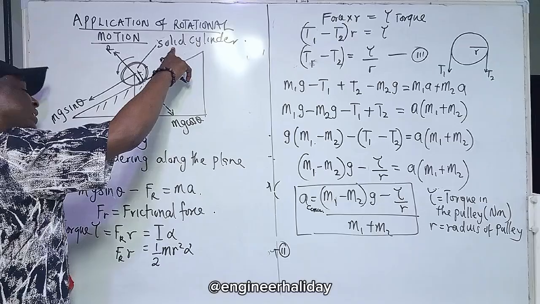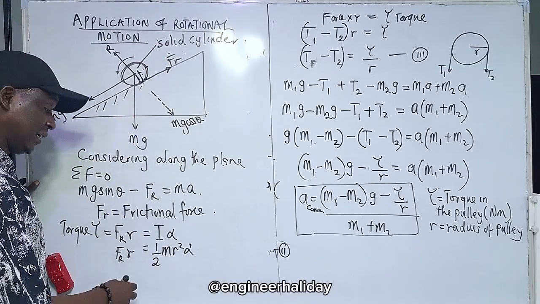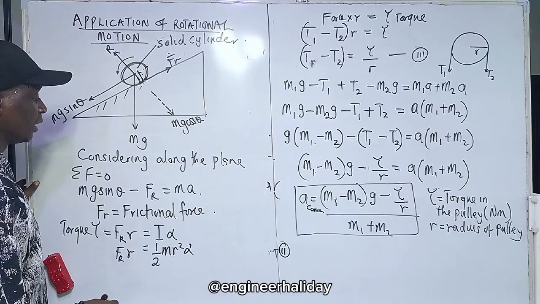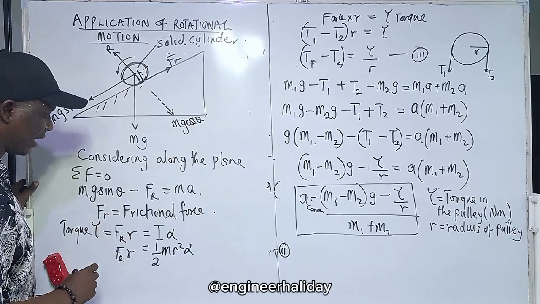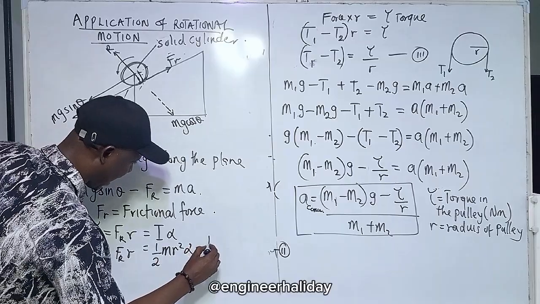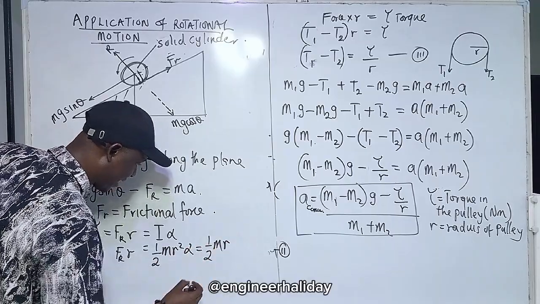What about if you assume a solid sphere? I hope you know that if you change to a different body, you use a different formula. But before we do that, let me not waste our time. This one will now give us half, and we can write it like this.